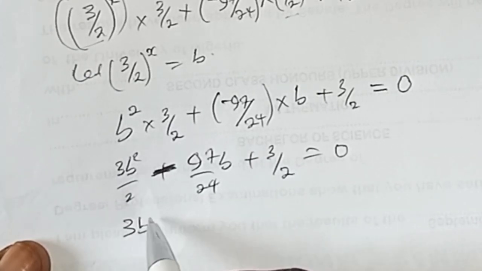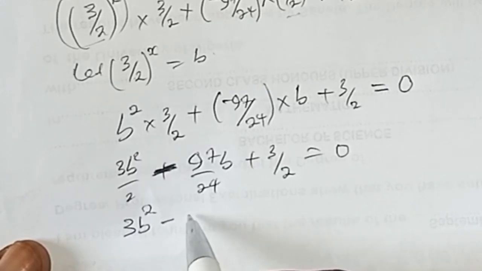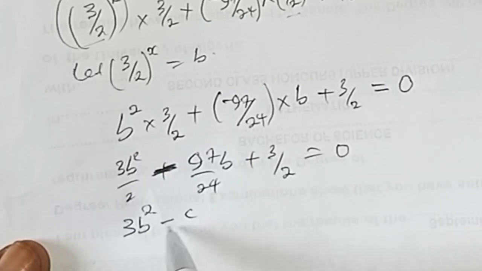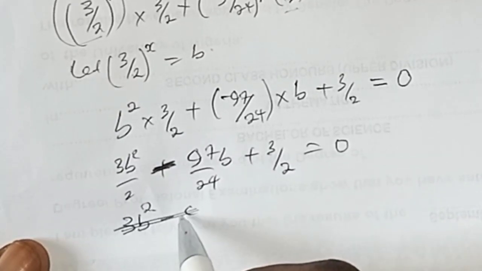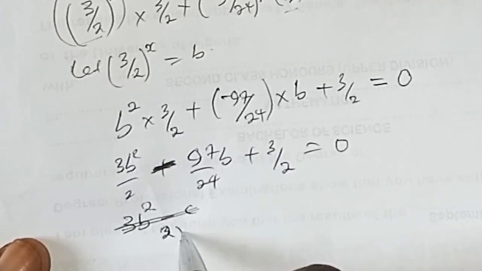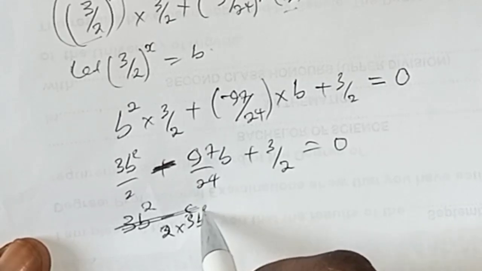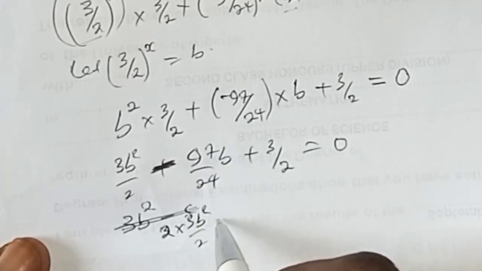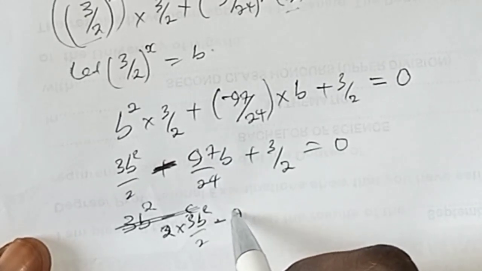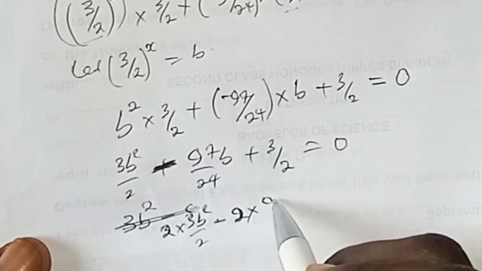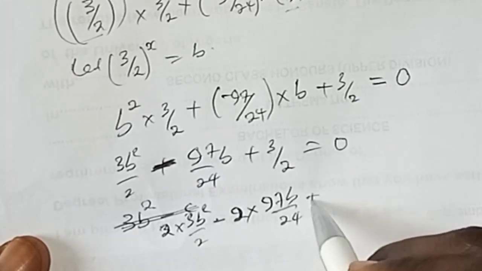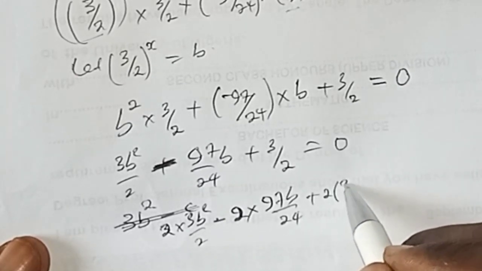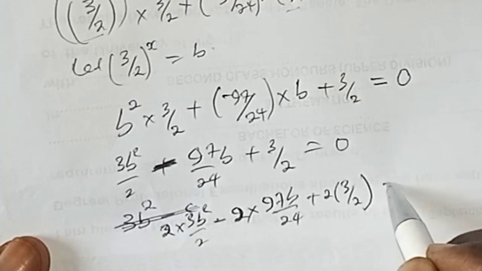Multiplying through by 2, I will have 2 times 3b squared divided by 2, minus 2 times 97b divided by 24, plus 2 times 3 over 2 is equal to 0.